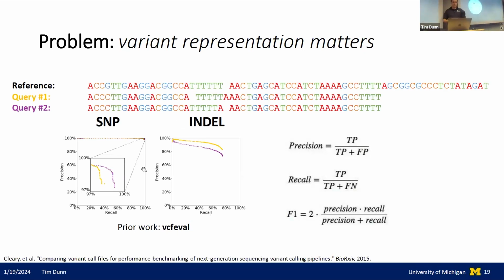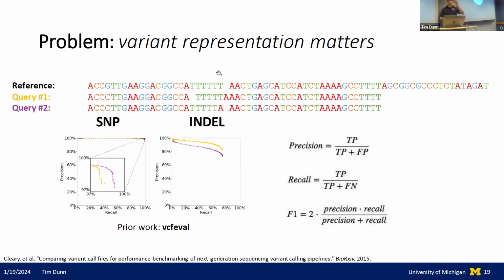So here is an example illustrating this problem, where we have two different pipelines. This is real data for whole genome sequencing, where we used two different types of variant representation. In yellow, it's the variant representation that favors insertions and deletions. And then in purple, the variant representation that favors SNPs or single base mutations.